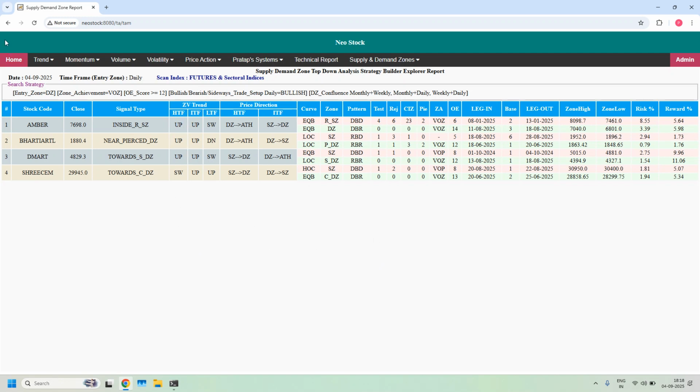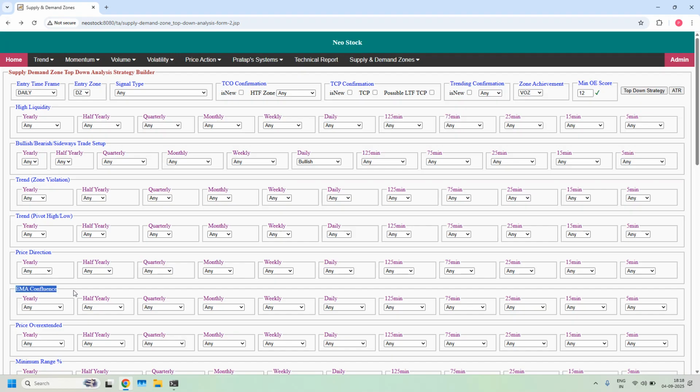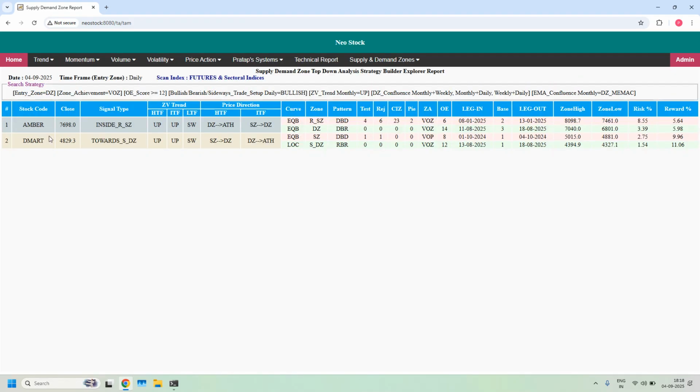So let's further filter based on monthly demand zone having monthly EMA confluence. And trend on the monthly should not be sideways, should be uptrend. So 2 are filtered. These 2 demand zones might be having more high probability to get success, provided lesson 20 checklist items are satisfied. Otherwise, higher chances of zone violation.